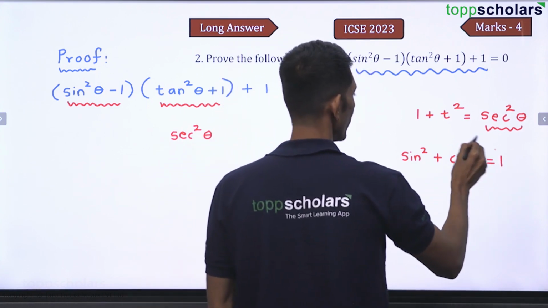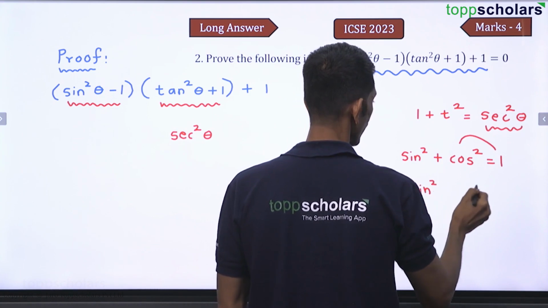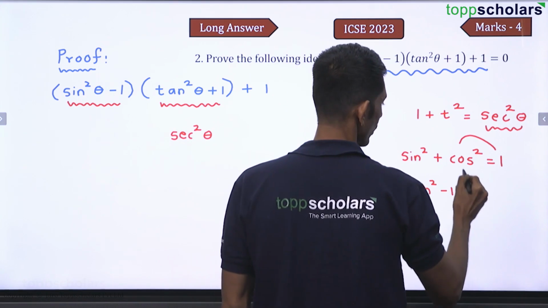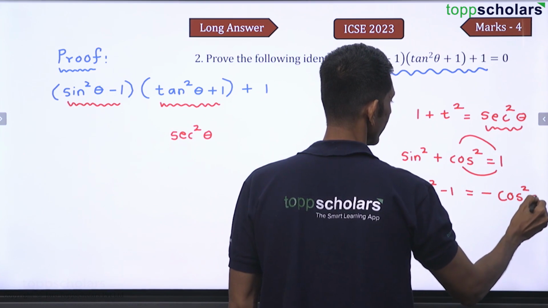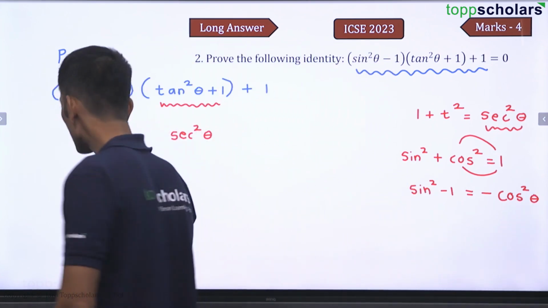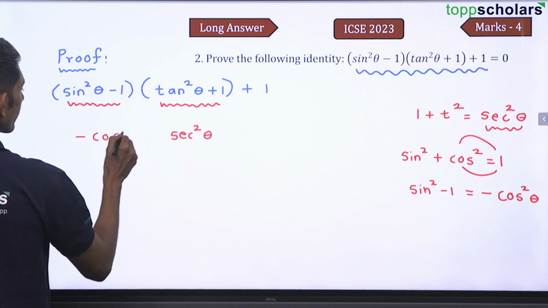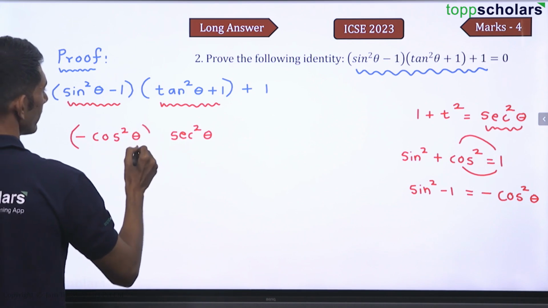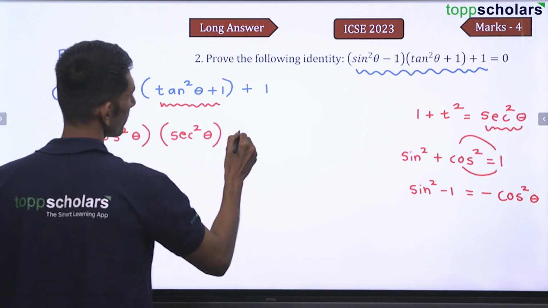So if I shift 1 to the left hand side, can I say sine square minus 1 is equal to, if I shift cos square on the other side, that becomes minus cos square theta. So can I say sine square theta minus 1 is minus cos square theta, correct? Then there is multiplication here, and this is plus 1.